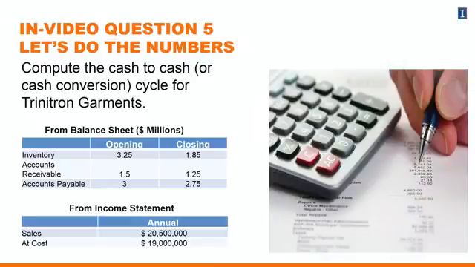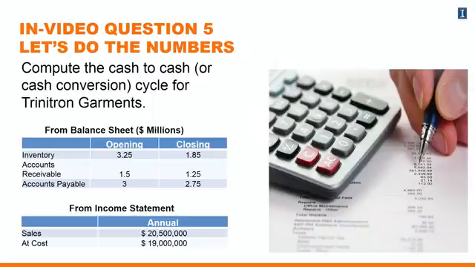So in order to go through the mechanics of similar kind of calculations for the cash-to-cash ratio as we did for the other two ratios, let's take a look at data from the same company, Trinitron Garments, except here we have some additional information. So here we have the sales at selling price and the sales at cost, because we need both of them in order to look at the three components of the cash-to-cash ratio.